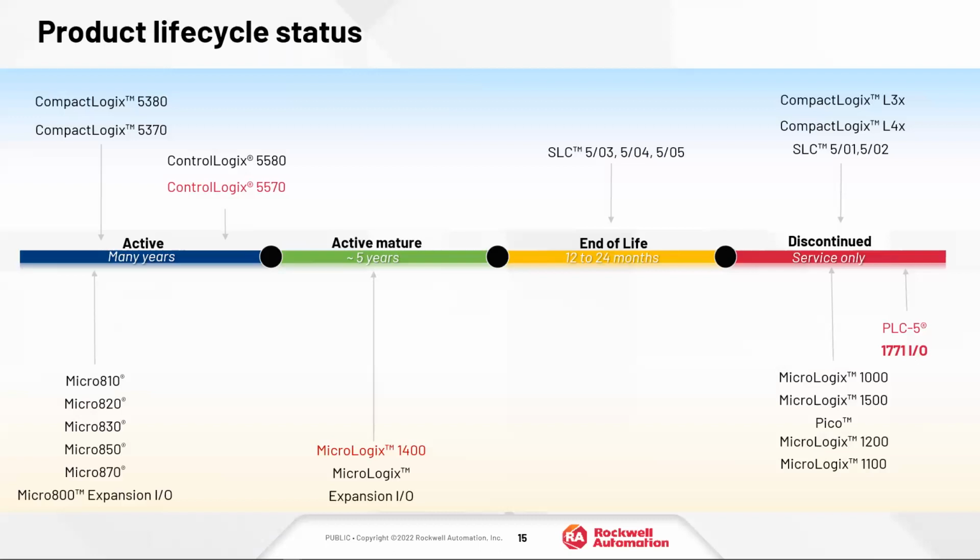And so when a product goes end of life, you will see a date. Rockwell has a product life cycle status website where you can type in any part number, and it'll tell you the life cycle status. If a product is end of life, you will see a date, so that could be, you know, December 31st, 2022, or whatever that might be. And that date is an estimate, so it's not necessarily precise.